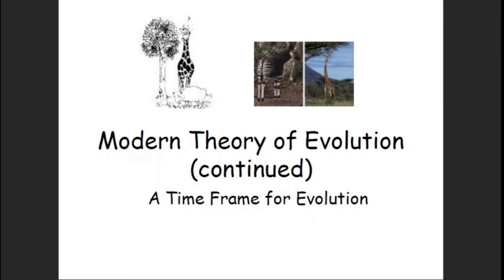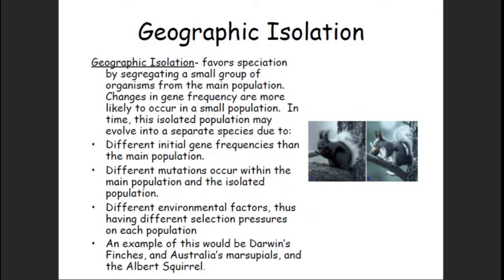Next, the modern theory of evolution and the time frame for evolution. Now, what are the factors that may have been responsible for this diversity? We'll look at them one after the other, starting with geographic isolation. Geographic isolation favors speciation by segregating a small group of organisms from the main population.